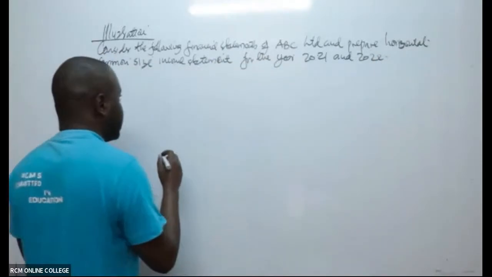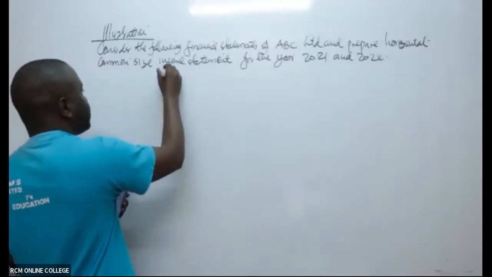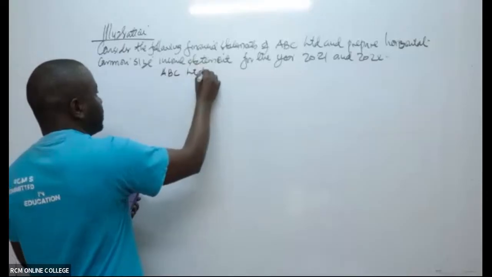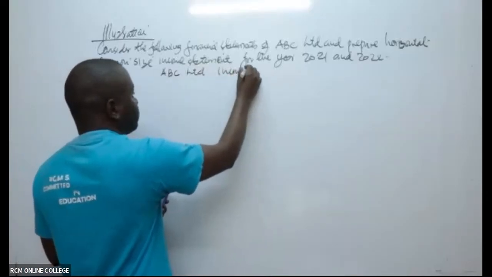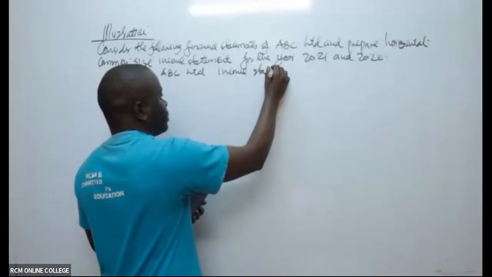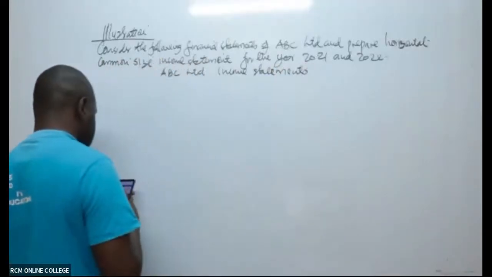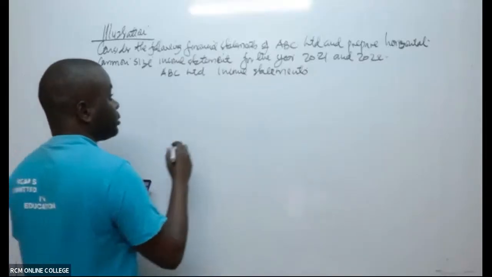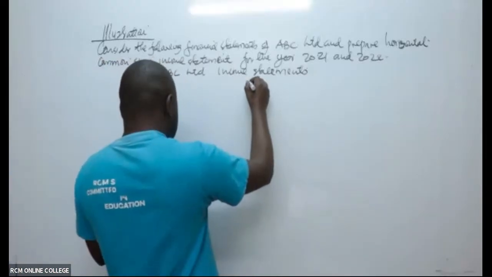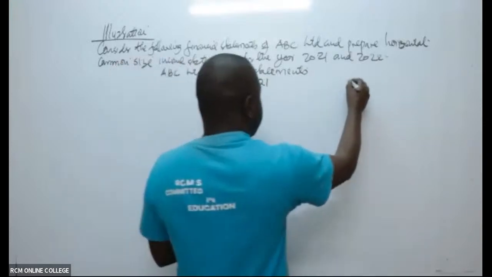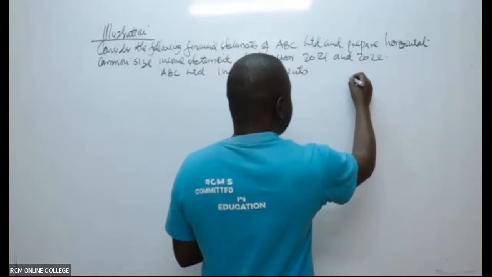So we can have the income statement here: ABC Limited income statements. You can have here the year 2021, then the year 2022.